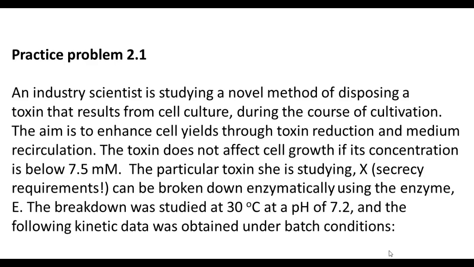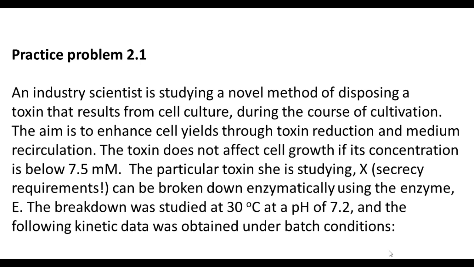The problem read as, let me make it full screen here. An industry scientist is studying a novel method of disposing a toxin that results from cell culture during the course of cultivation. The aim is to enhance cell yields through toxin reduction and medium recirculation.